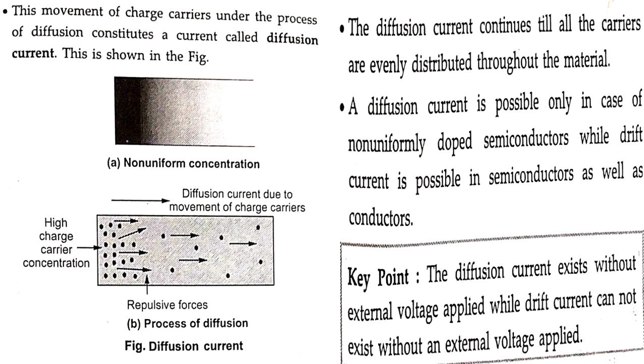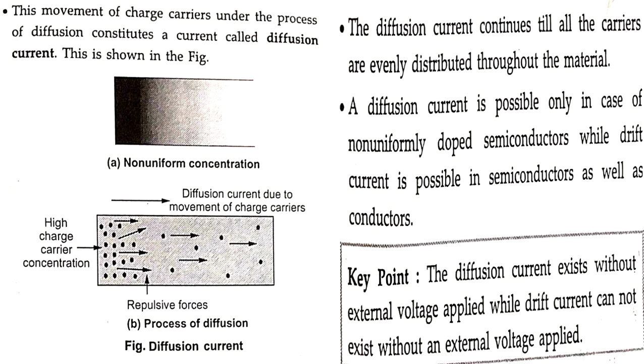And this is a diagram which explains a non-uniform concentration. Here in this part we have the higher concentration, whereas going from left to right, the concentration decreases. Each and every dot represents a charge carrier. Here we have the bulk of the charge carriers. There is a tendency for these charge carriers to move from the higher concentration region to the lower concentration region, which will generate a new current called the diffusion current.